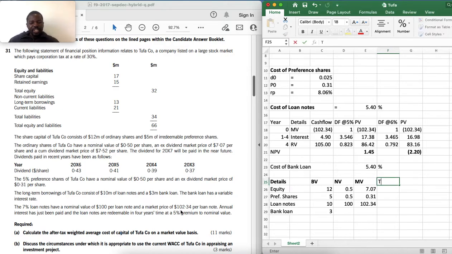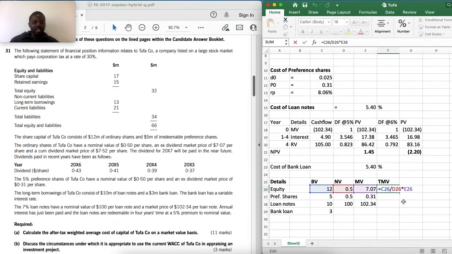Then we get our total market value. Our total market value here, we will say book value divided by nominal value multiplied by market value.